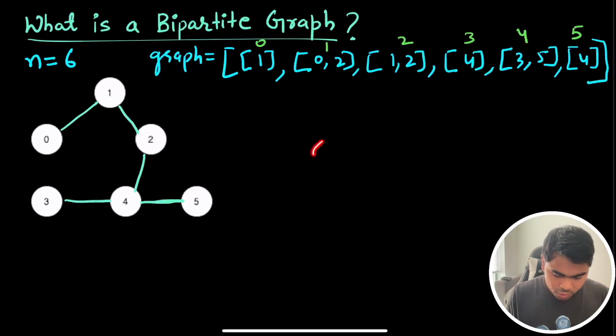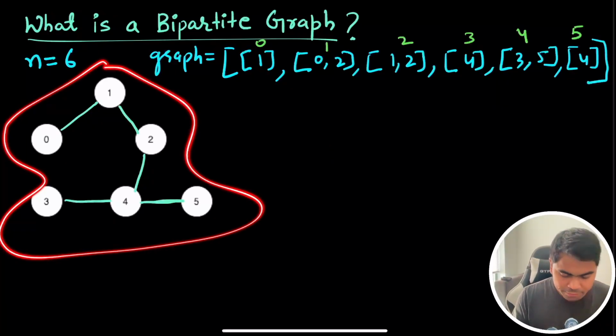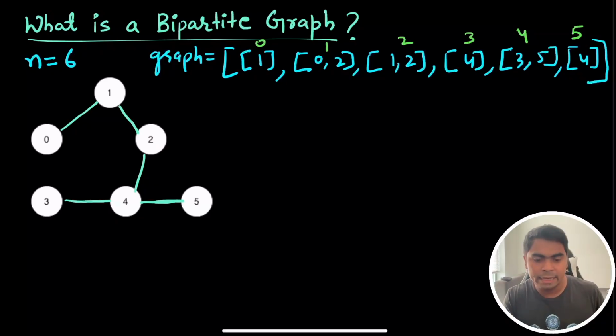All right. So this particular graph that we are given here, is it bipartite? Bipartite means grouping it into two sets. So an easier way would be, can you assign two different colors to the nodes given that no two adjacent nodes are the same color?